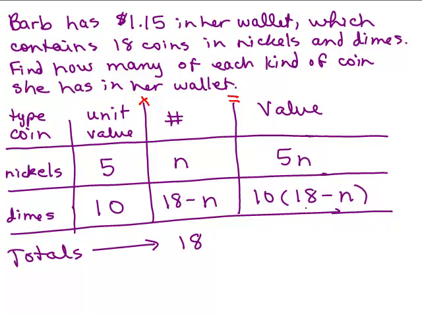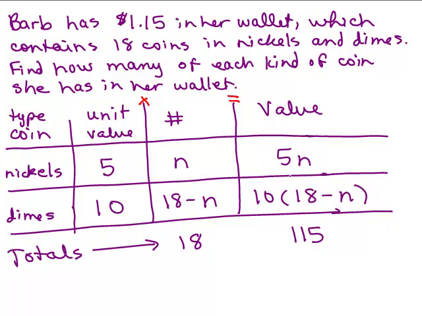We look back up to the problem. She's got $1.15, and since we're doing everything in cents, not in dollars, we're just going to write that's a total of 115, and this is where we get our equation, right here, third column. The value of the nickels plus the value of the dimes equals the total value of all the money together.